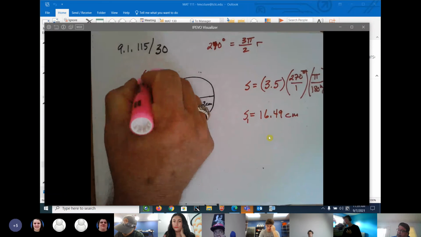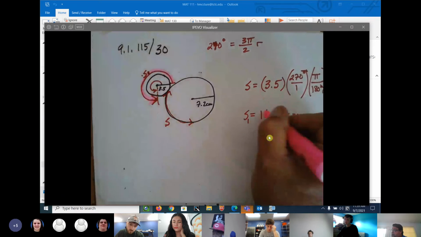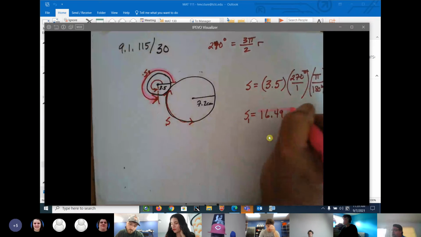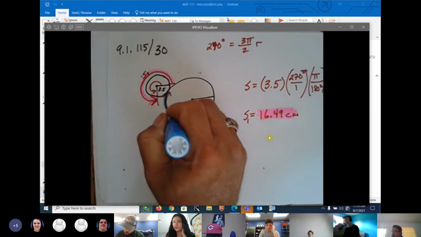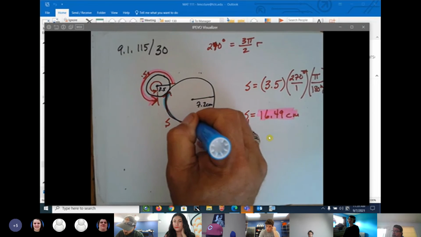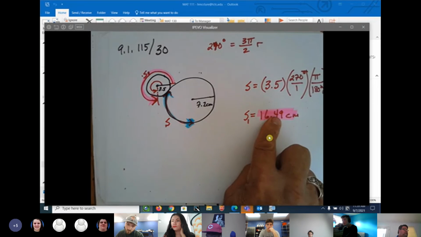That distance right there is 16.49 centimeters. So the thing about gears is that whichever one moves, the other one moves the same. So this S right here is equal to 16.49.